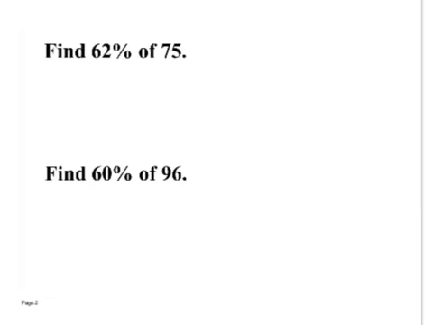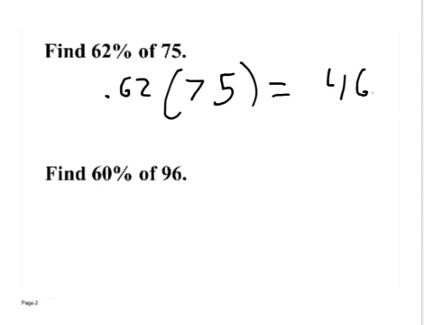To find the part, I take the percent times the whole. First thing I have to do is change 62% to a decimal, 0.62. I divide by 100. We did that. I times it by 75. Take the percent times the whole. That will give me the part, which is 46.5.